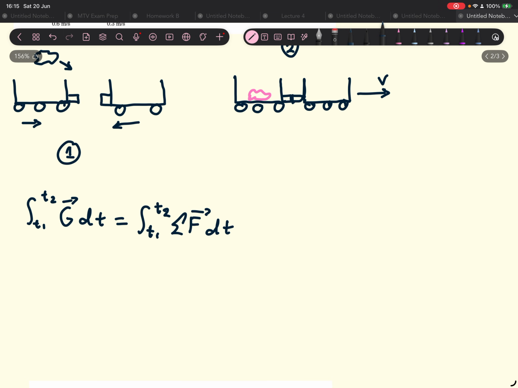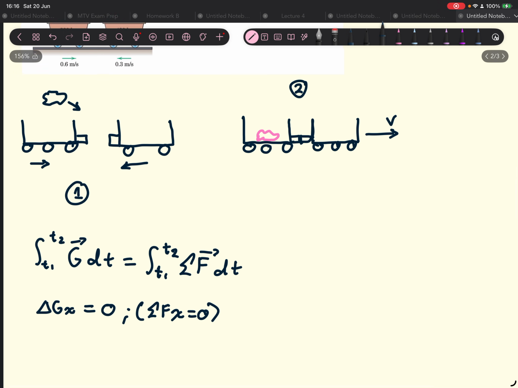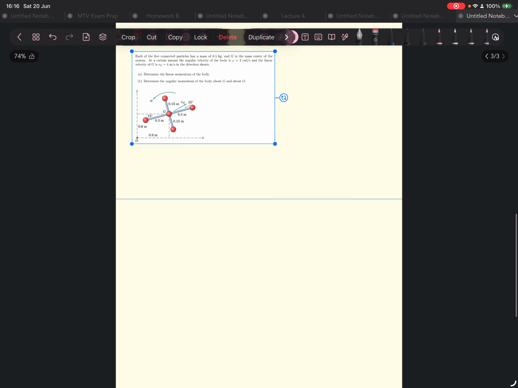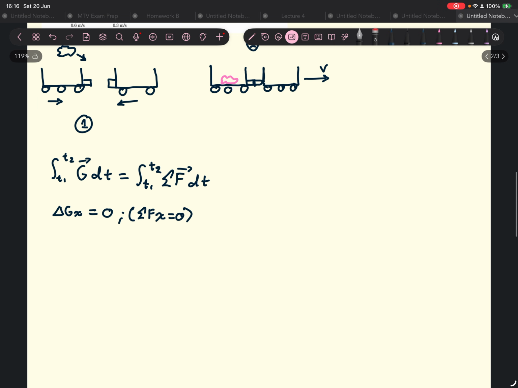So we're going to say that delta G in the x direction is equal to 0, because the sum of forces in the x direction is equal to 0. Okay. Let me just move this question down. Okay.